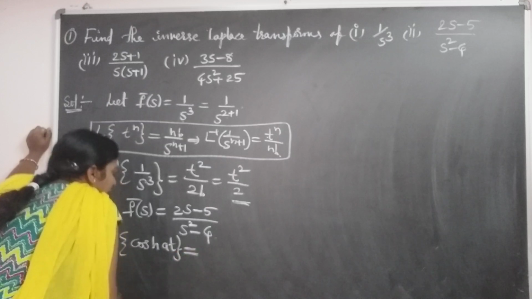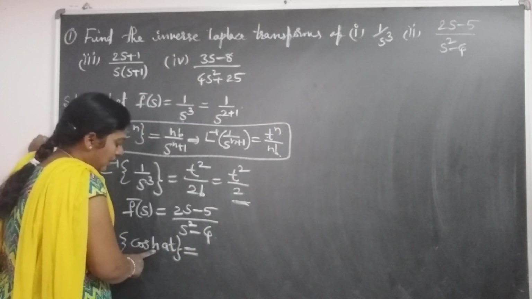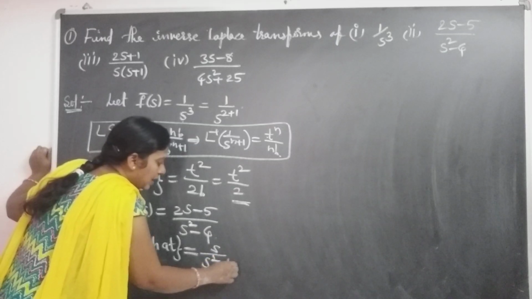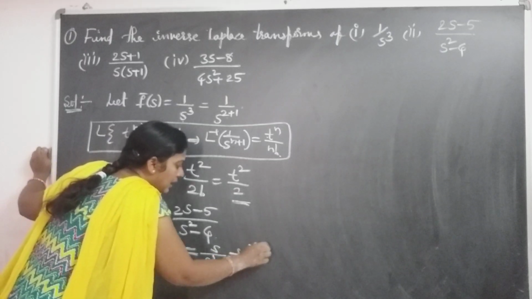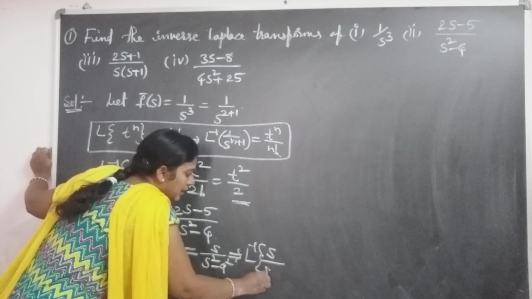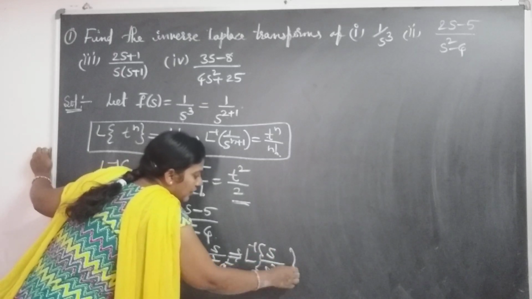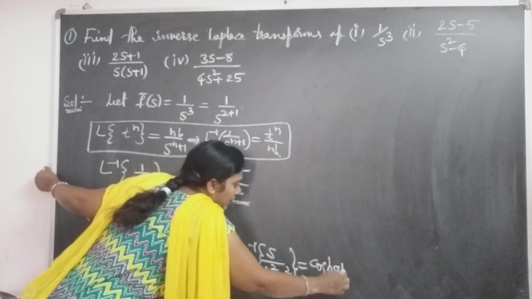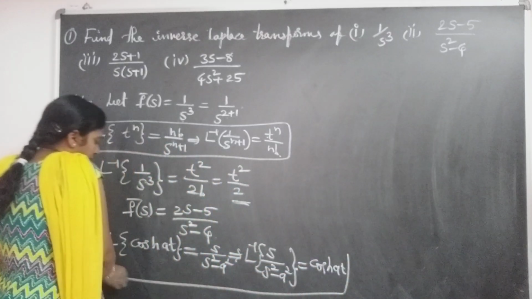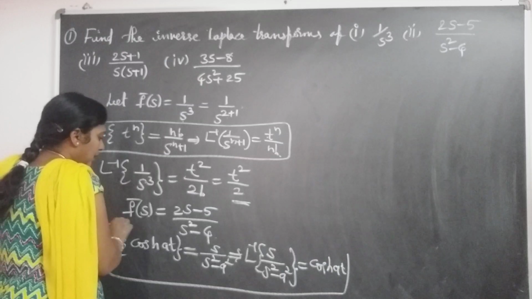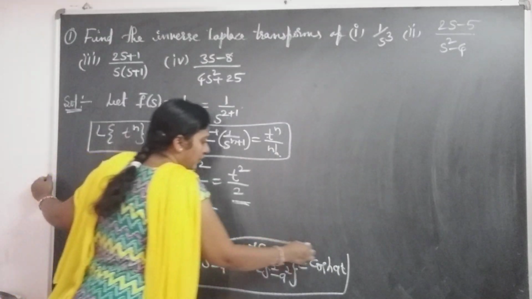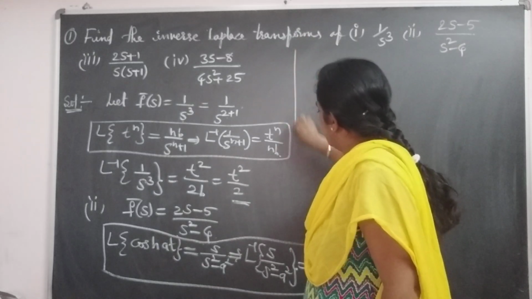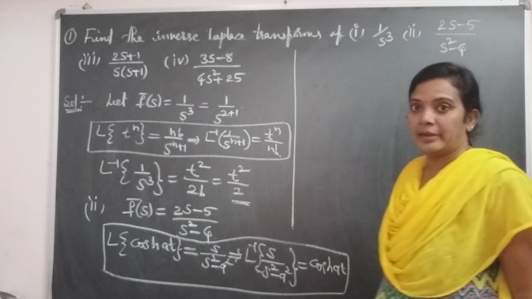The Laplace transform of cos h at, with the hyperbolic h function, is equal to s by s square minus a square. From this, L inverse of s by s square minus a square is equal to the cos h at formula. By this relation, we can substitute whatever is in the place of a and the constant.